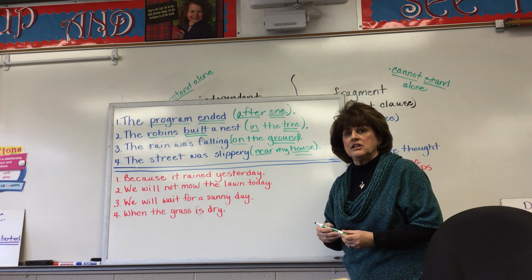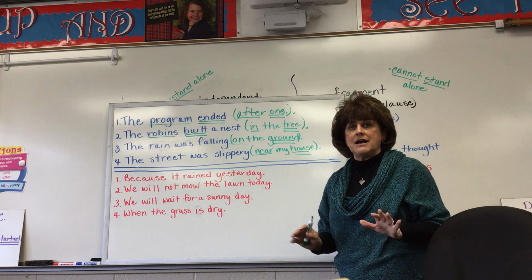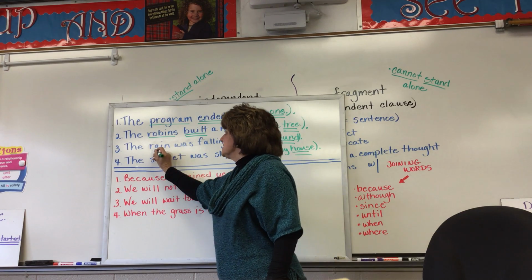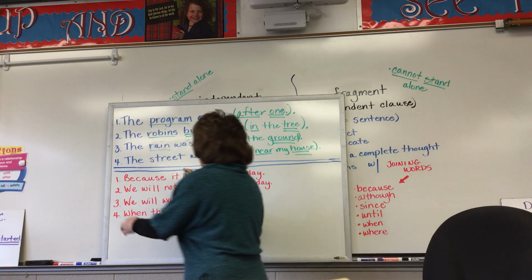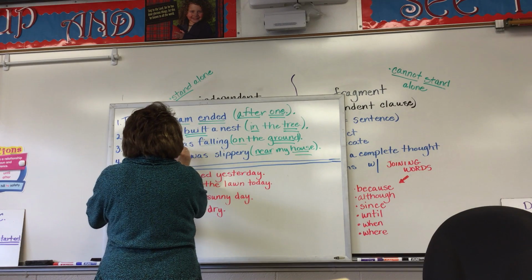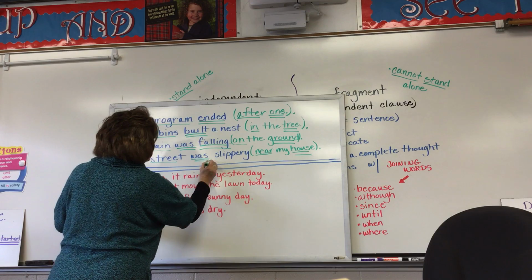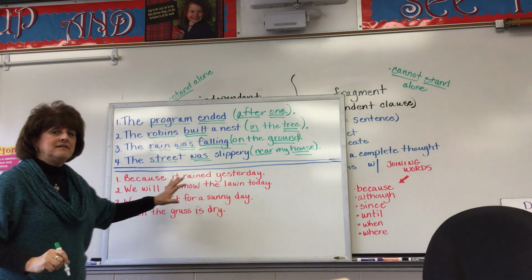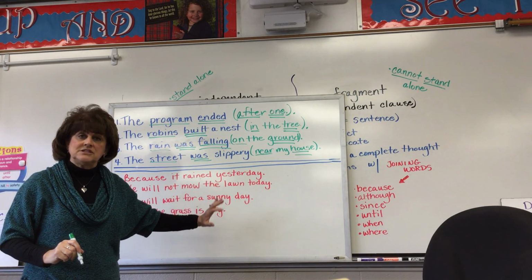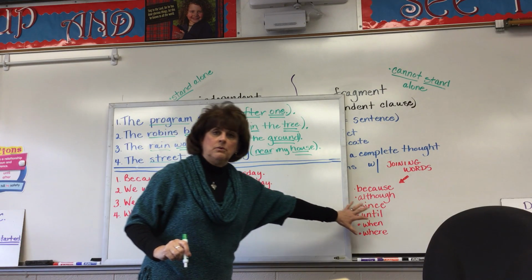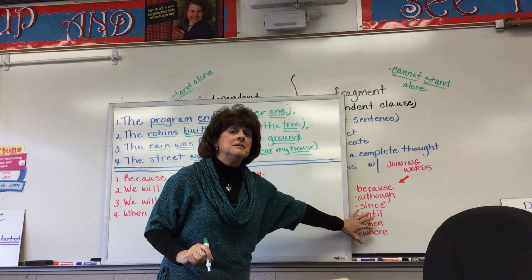Remember, the independent clauses are the ones that can stand all by themselves. They have a subject, just like this one had a subject, and it has a verb, was falling. This one has a subject, street, was. Well, these also are going to have, the independent ones are going to have a subject and a verb, but they're also going to have one of those joining words on the beginning, and that's when they become dependent.